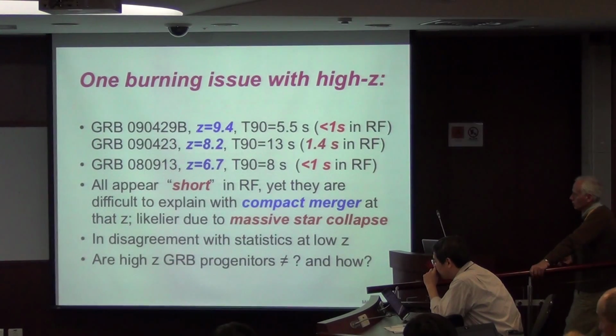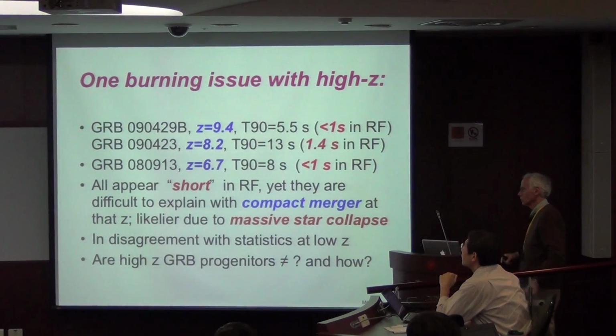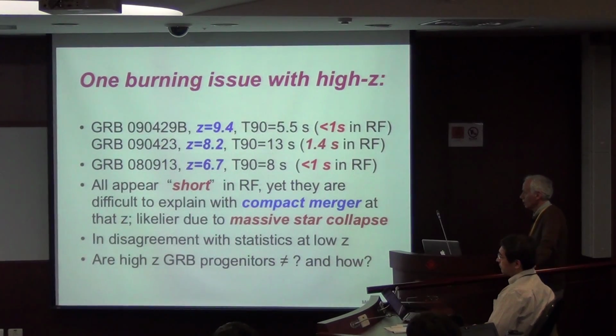One of the interesting things with the high redshift bursts, including the highest ones, is that in their own rest frame they appear to be short duration. Yet they're so luminous that we think they must be core collapse objects, not binary neutron star mergers. So there is discussion as to whether they're really long bursts and we only see the tip of the light curve because it's in the noise, or whether they're truly intrinsically short for some other reason.